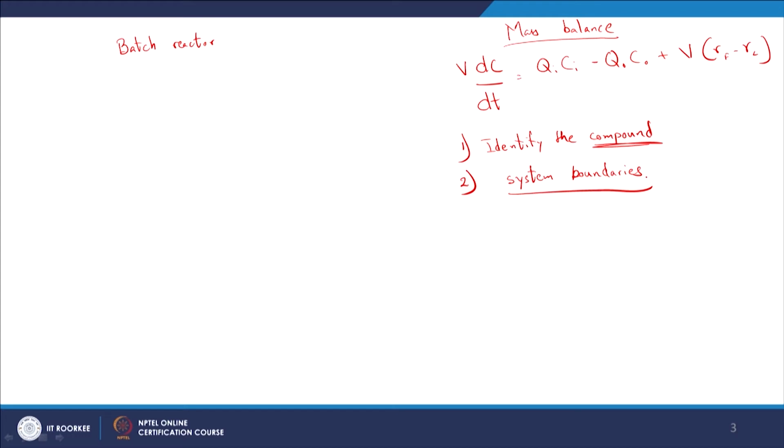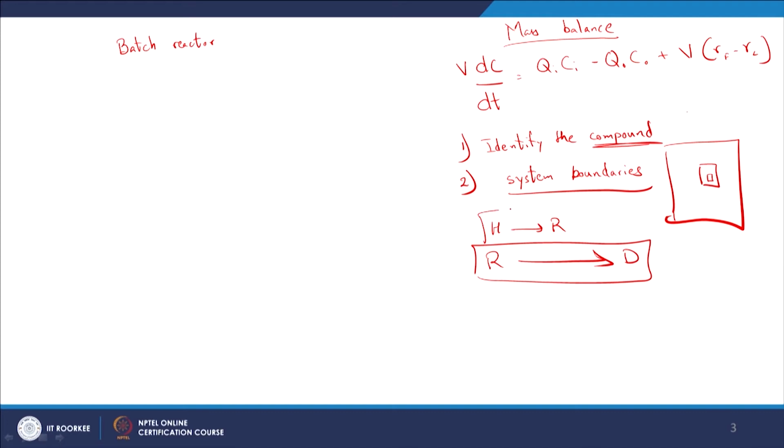For example, am I looking at this whole room, or the whole building, or is it just about, let's say, 1 meter from the podium? Or is it the Haridwar to Roorkee stretch, or is it from Rishikesh to Delhi? What am I trying to look at? What is the system that I am concerned with?